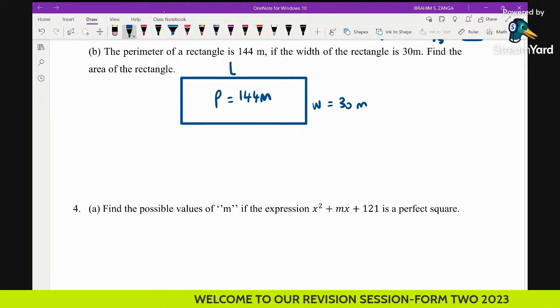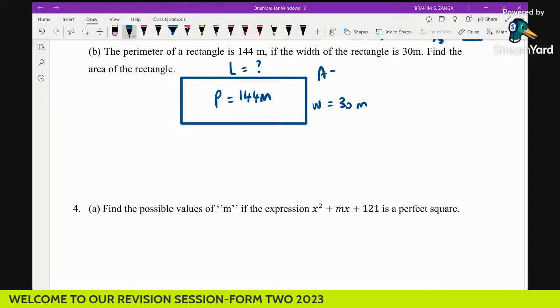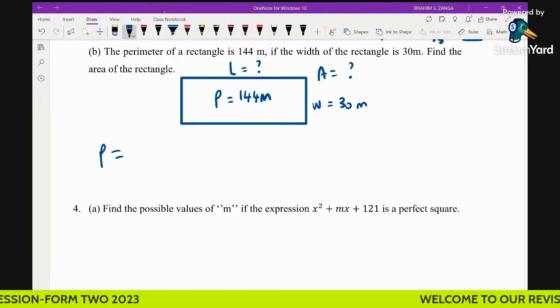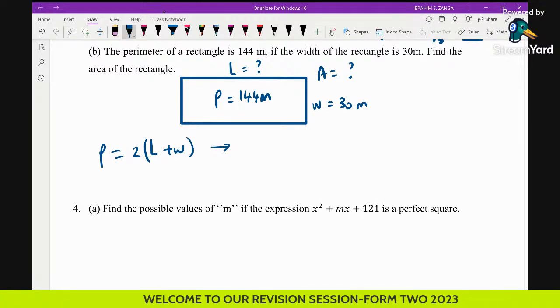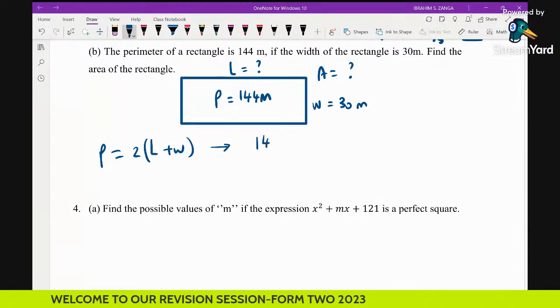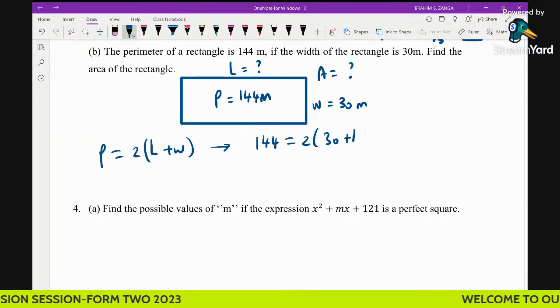We don't know the length, but we are supposed to find the area. So for perimeter, you take length plus width multiplied by 2. From this you can say that 144 equals 2 times (30 plus L).